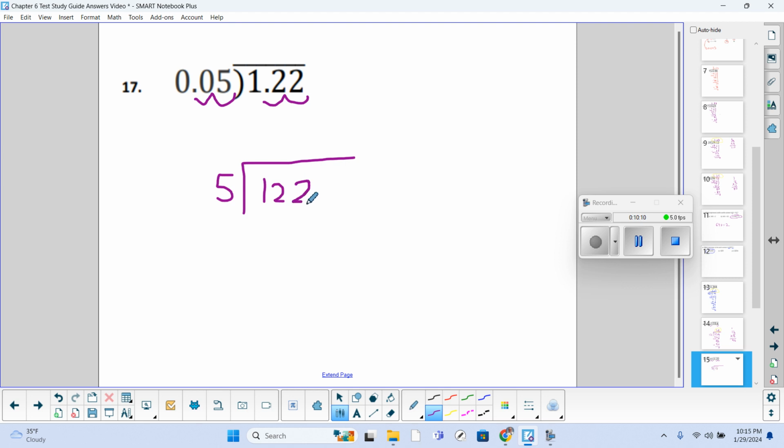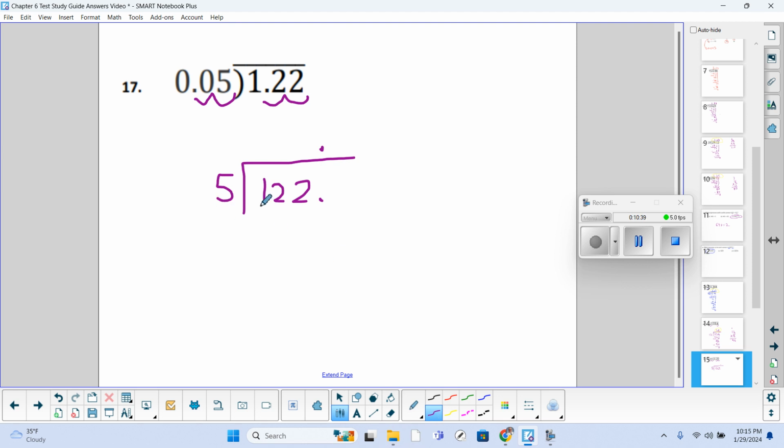What we're saying as a reminder is 1.22 divided by 0.05 is mathematically the same as taking 122 and dividing it by just 5. Right? And the advantage of taking this divisor and making it a whole number is it tells us where our decimal place will end up working out.